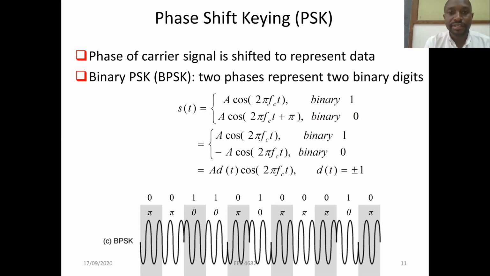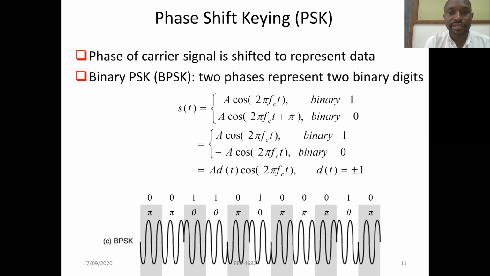In terms of the diagram, you notice here you only have one carrier. The only thing is that whenever you have an input of 1, it will carry the phase of 0, and whenever you have a binary input of 0, it will carry the phase of pi.